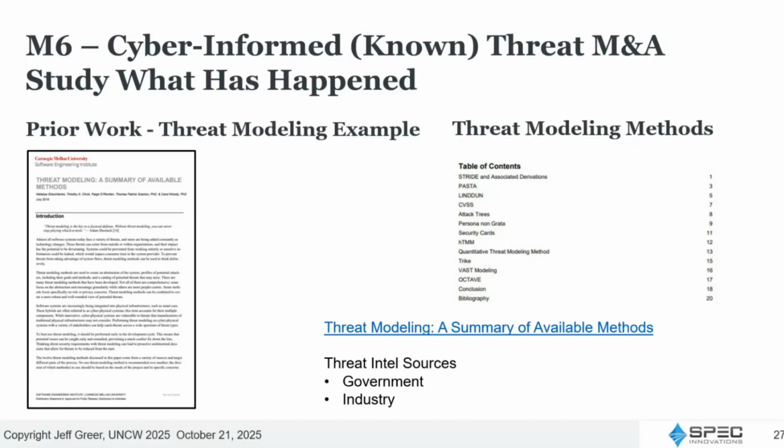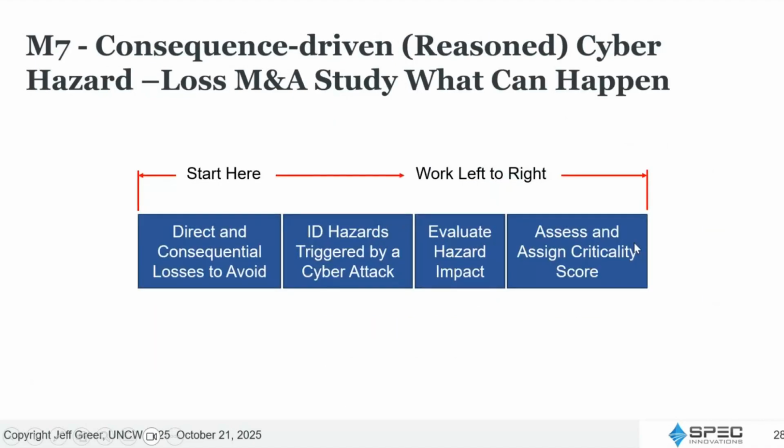And then if you look at your intel sources relative to threats, you have both government and industry sources, and you need to be mindful about the contextual risk that exists outside the security domain boundary, right? Who's out there and what are their motivations? Okay. So here's method 7, consequence driven. It's a reasoned cyber hazard loss analysis.